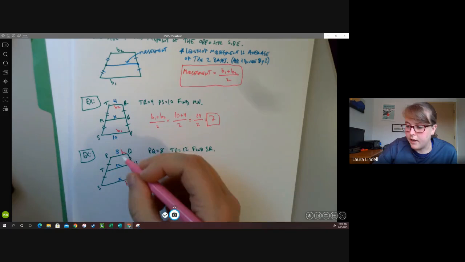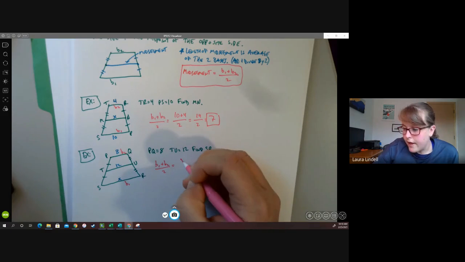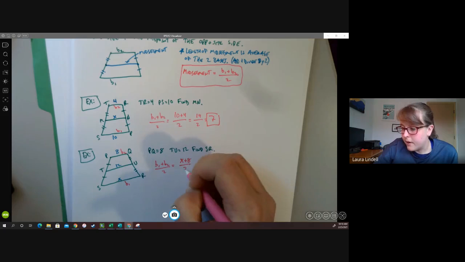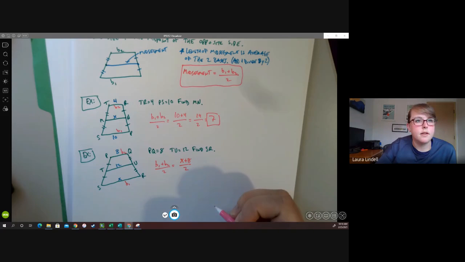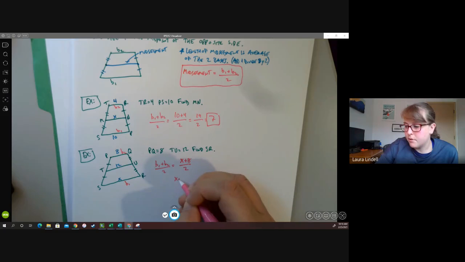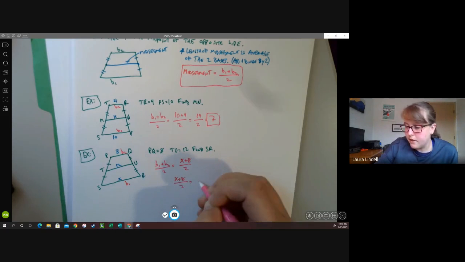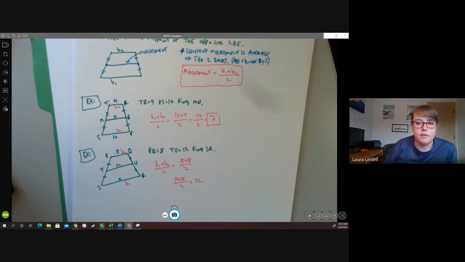So that, in this case, would be X plus 8 divided by 2. And it's equal to my mid segment. So X plus 8 divided by 2 is going to be equal to 12. And then we got to solve that equation.